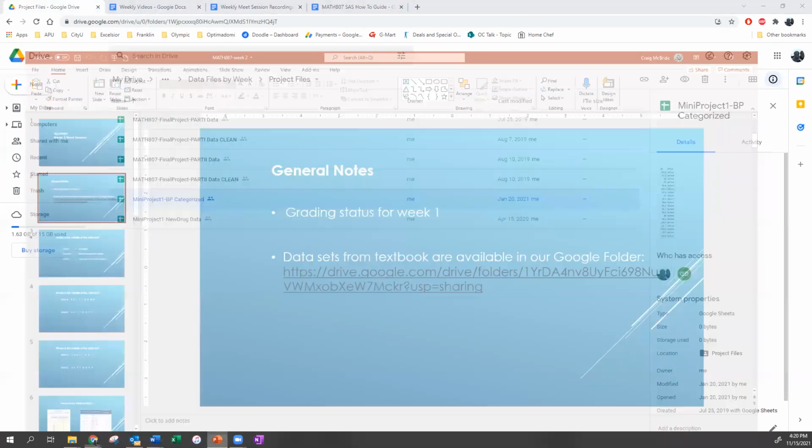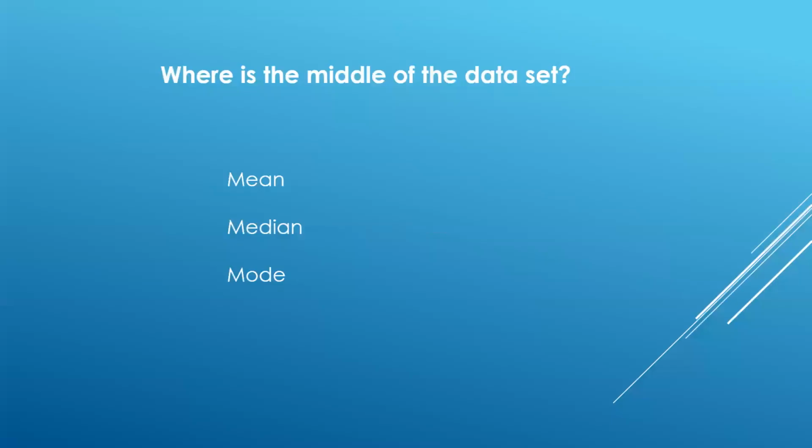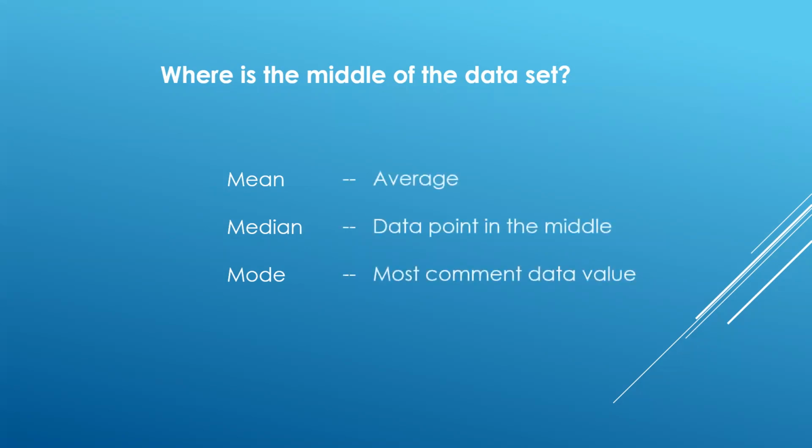Okay. So this week, it's all about measures of center, measures of variance, measures of relative standing. Measures of center are the ones that you're probably most familiar with. I think we all know what the mean is, right? The mean is just simply the average. I think most of you have probably heard the word median.